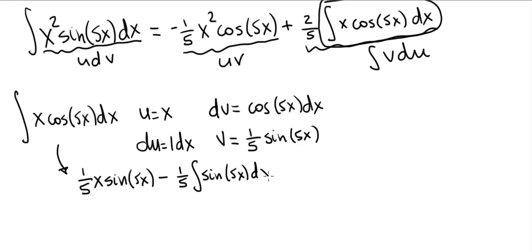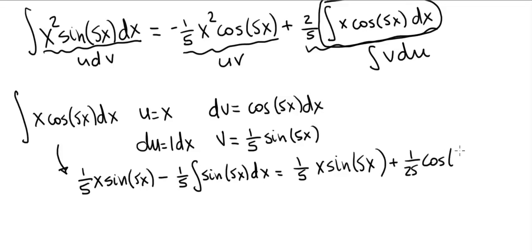Now the integral on the right is just an application of the formula, so this is 1/5 x sine of 5x, and the integral of sine of 5x is minus 1/5 cosine, so this is plus 1 over 25 cosine of 5x.